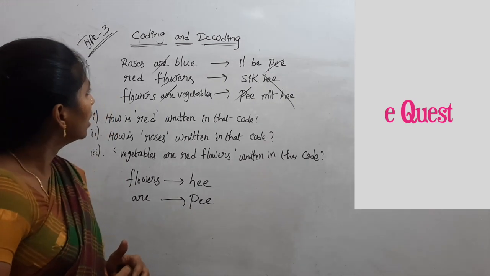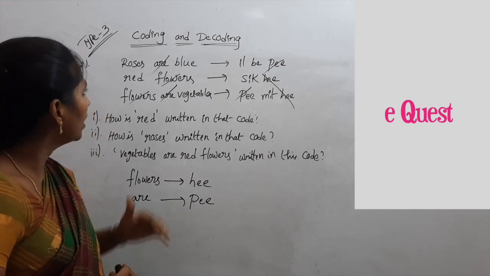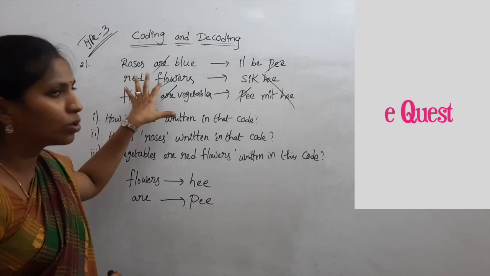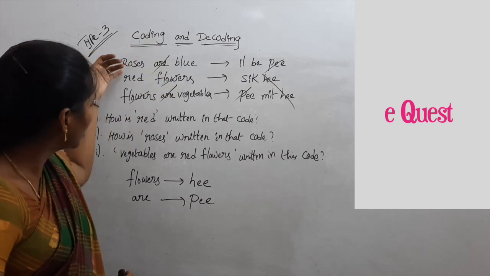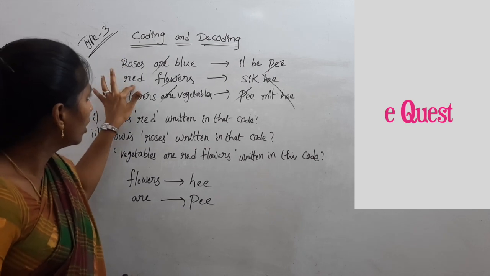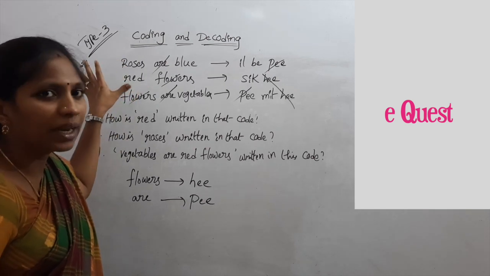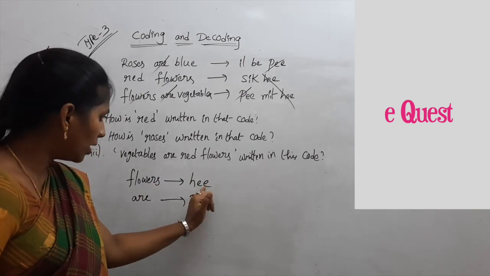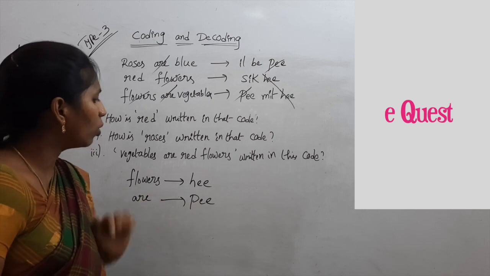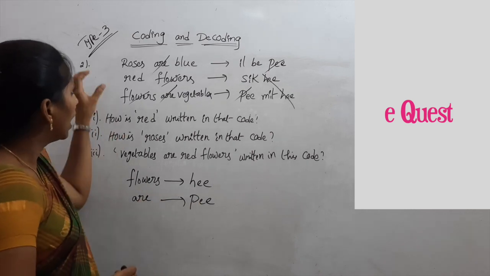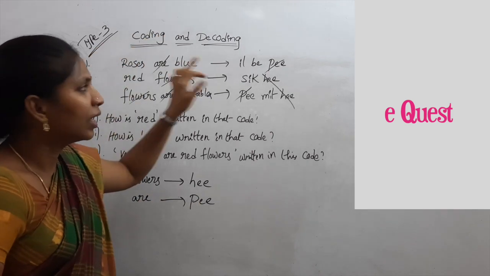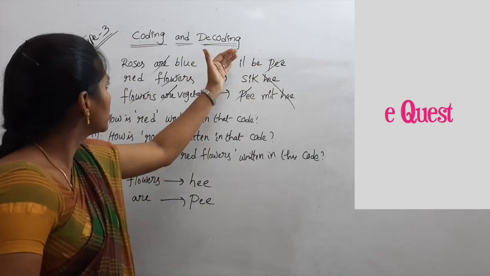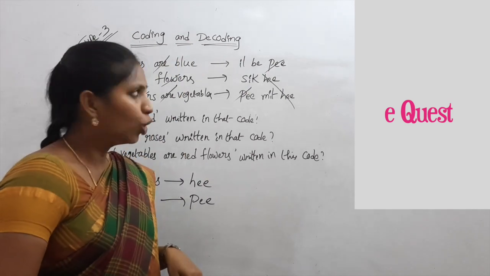Now find other words which are common in these sentences. Roses, there is no roses. And blue, there is no blue. And here red, there is no red in the remaining lines. Okay, flowers' corresponding code is HE, and R's corresponding code is P. Roses and blue. Here there are two codes, L and B. We can't say which is for roses and which is for blue.